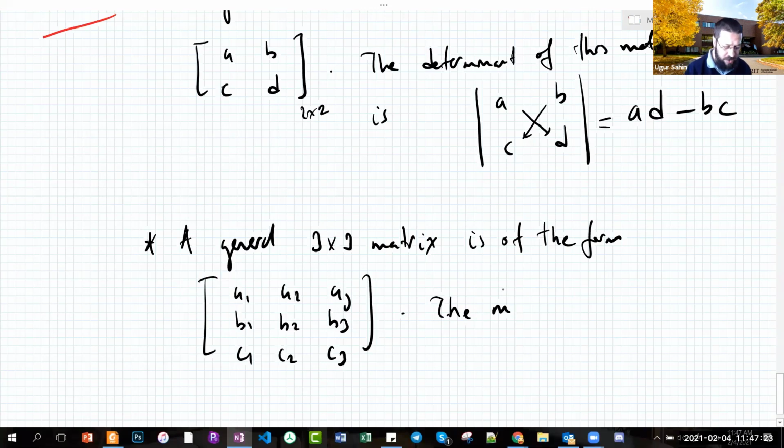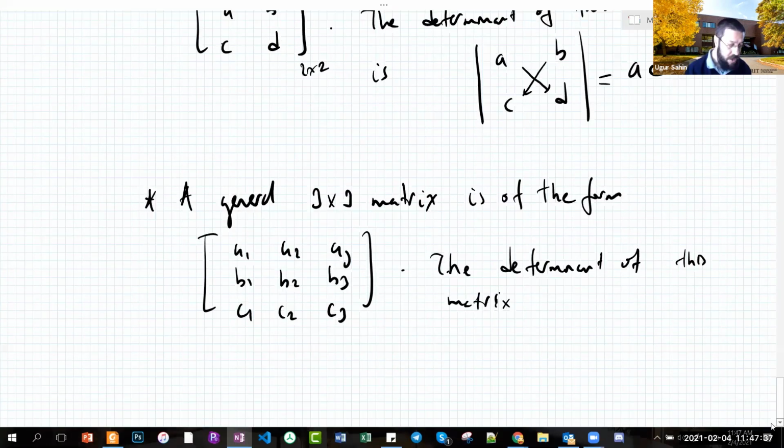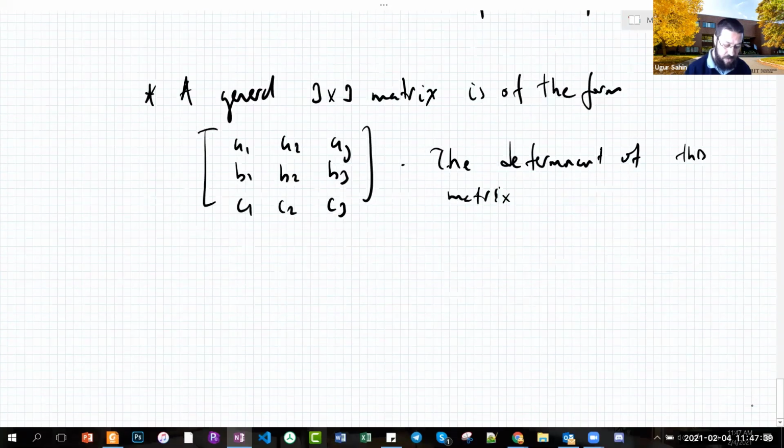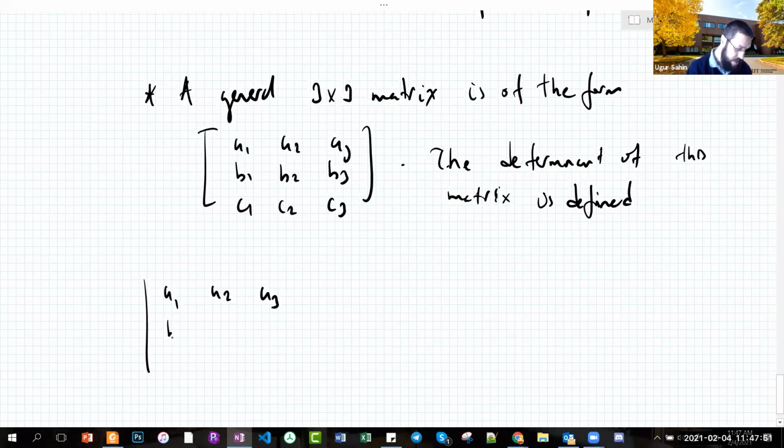The determinant of this matrix is defined in this way: a1, a2, a3, b1, b2, b3, c1, c2, c3.